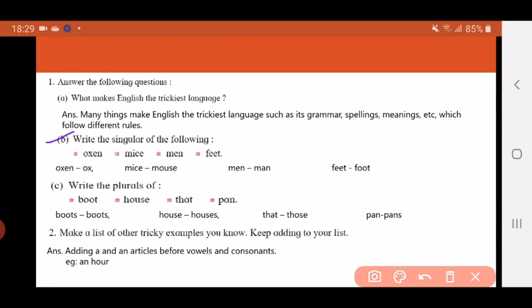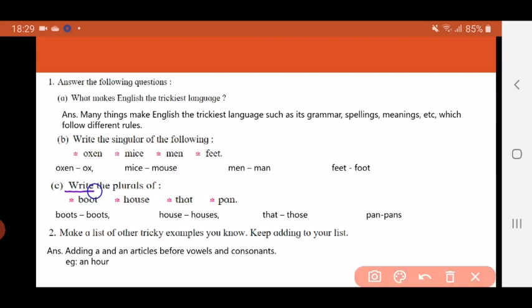B. Write the singular of the following: oxen, singular will be ox. Mice, singular will be mouse. Men, singular will be man. Feet, singular will be foot.